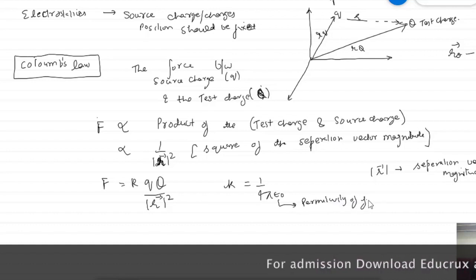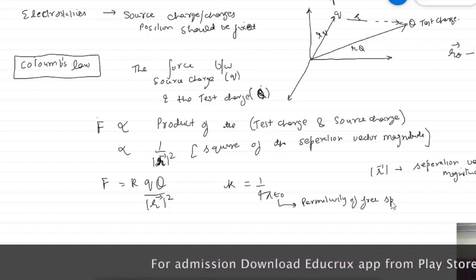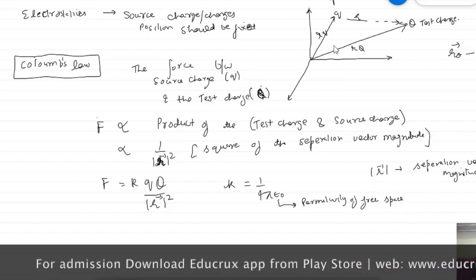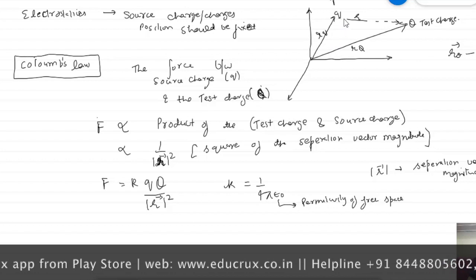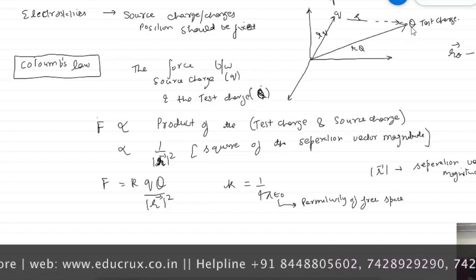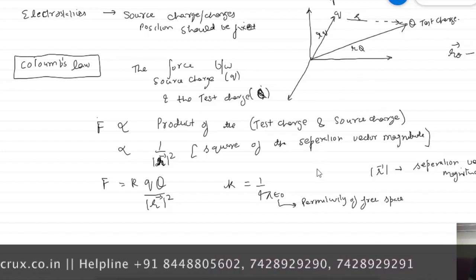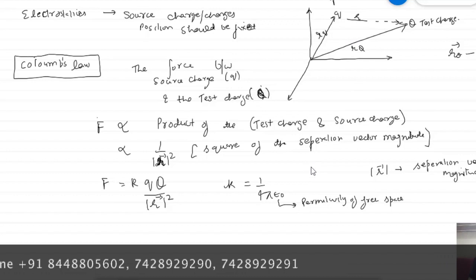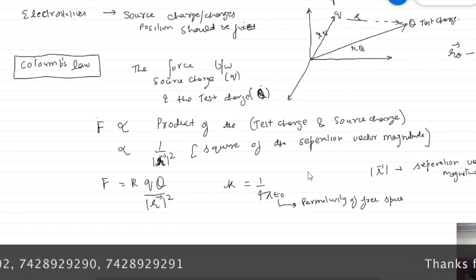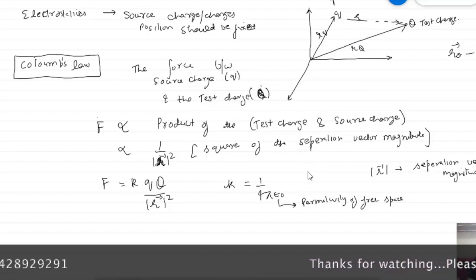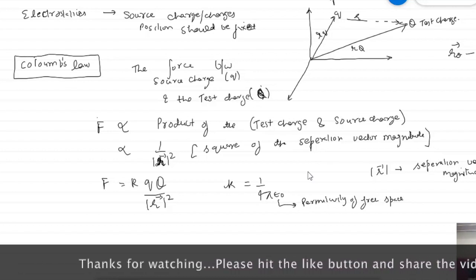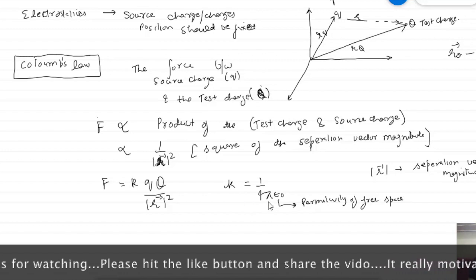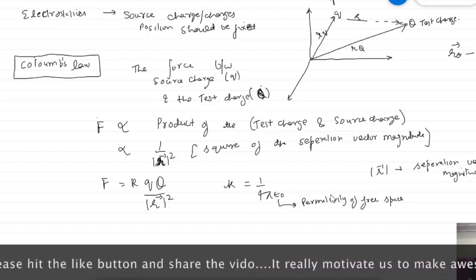That means we are considering that we have put our source charge and test charge in vacuum. This value of epsilon naught will change if I put my source charge and test charge in any other medium. So if I put my test charge and source charge in water, then I have to use the epsilon value for that medium.